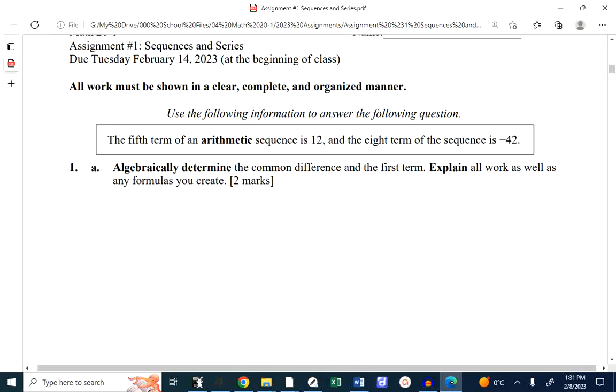If it's an equation, by the way, everybody, that comes off of your formula sheet, you can just go with it. If it's an equation that you build, you need to explain it. So, for example, if I built an equation that said T5 plus 3D equals T8, I don't care whether that's true or not.